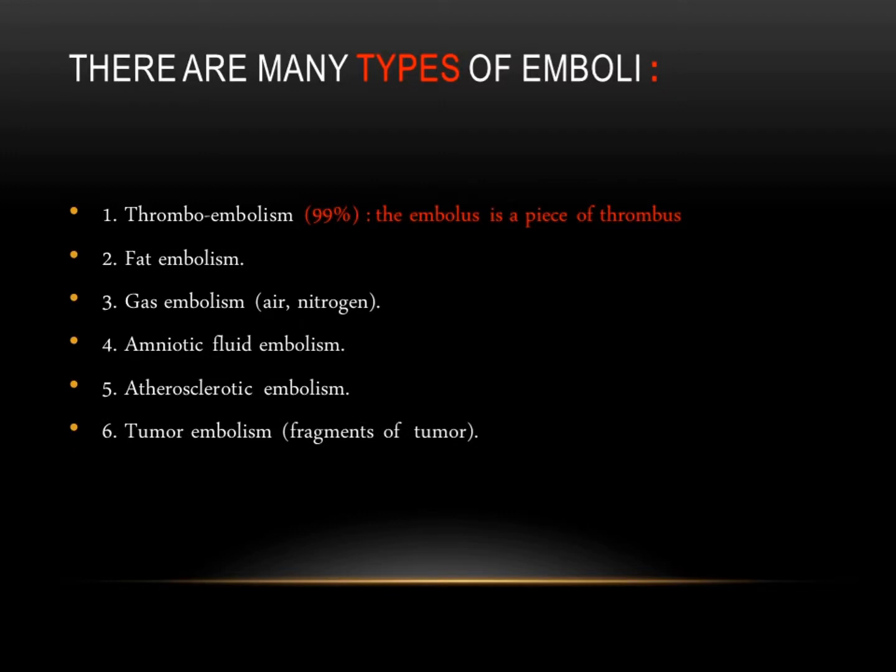Fragments of tumor, malignant tumor cells invade the local blood vessels and may form tumor emboli. Bone marrow embolism can occur after massive trauma and in patients with bone infarction secondary to sickle cell anemia. And finally, foreign body emboli, such as bullets.